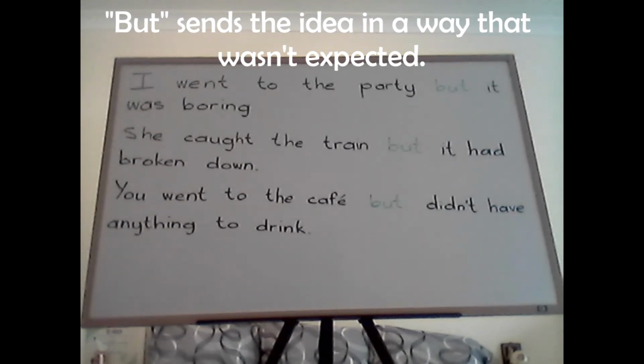You expect the train to go somewhere. This train didn't go anywhere. That's why we use but. You went to the cafe, but didn't have anything to drink. Notice how in that third sentence we didn't repeat you after the word but.